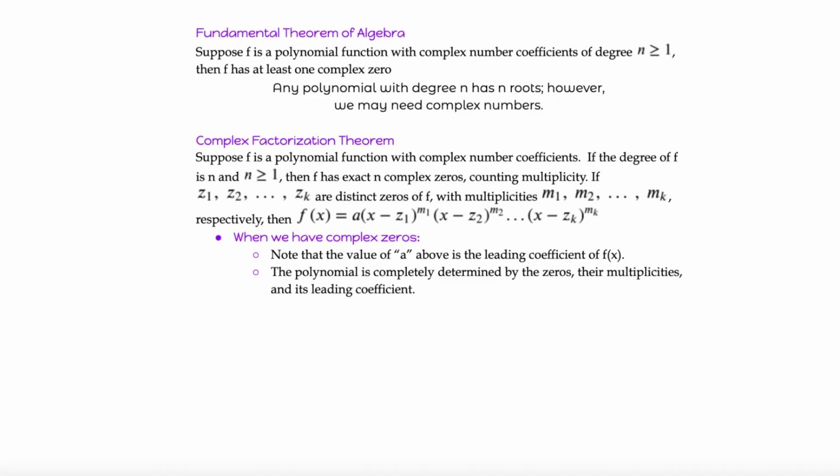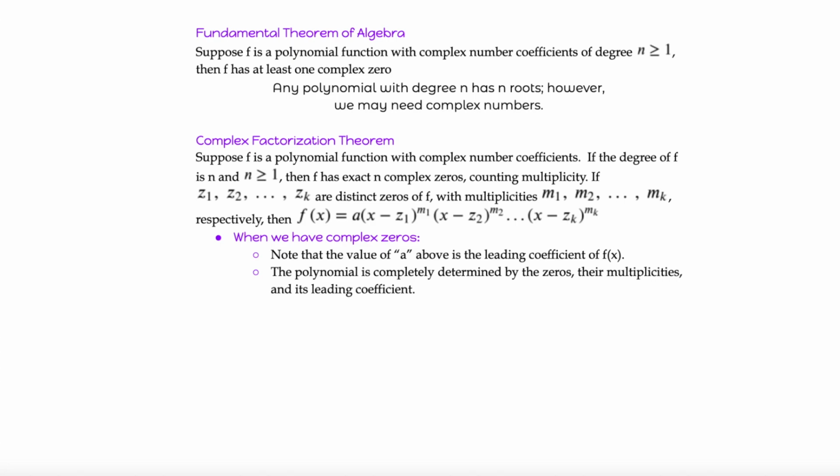However, in order to find all of those roots, we may need complex numbers to help us with that. Which leads us to the complex factorization theorem, which states that suppose we have a polynomial that does have complex number coefficients. If the degree of f is greater than 1, then f has exactly that many complex zeros, counting multiplicity. And we talked about multiplicity back in lesson 3.1.